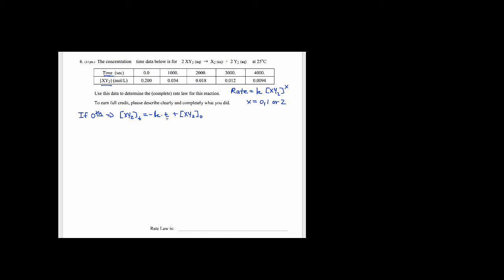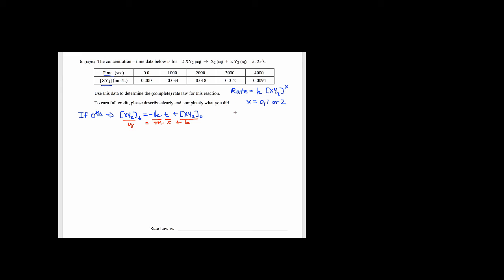If we let time be our X value and concentration of XY2 be our Y value, then this is a straight line with slope of negative k and y-intercept of initial XY2 concentration.